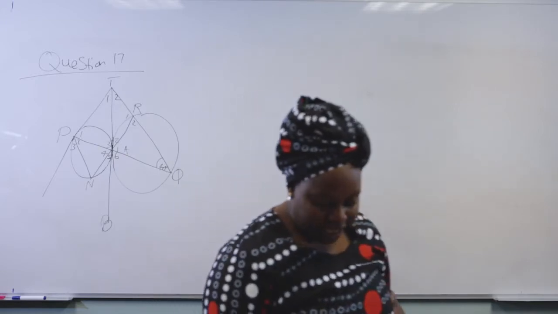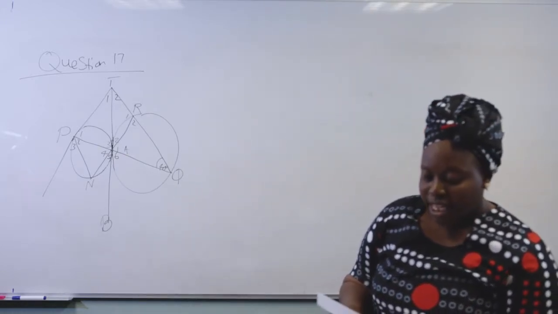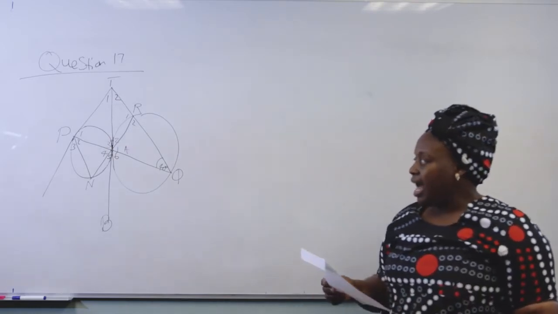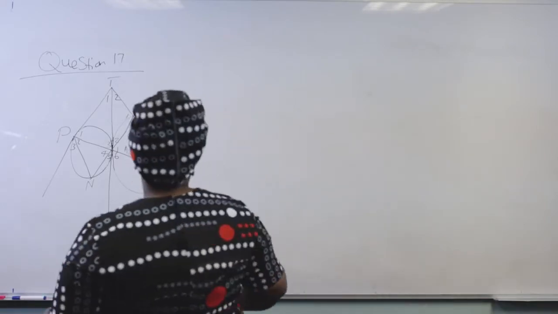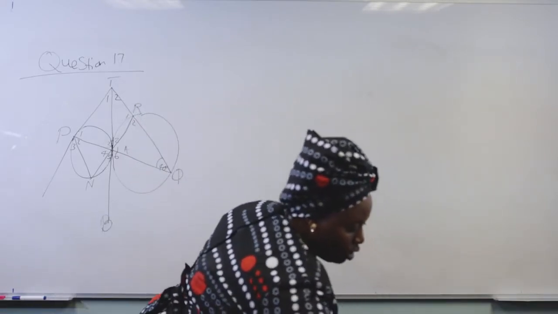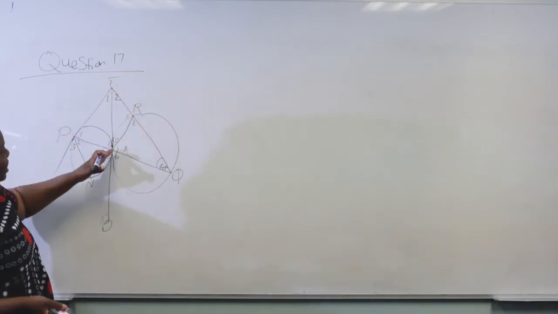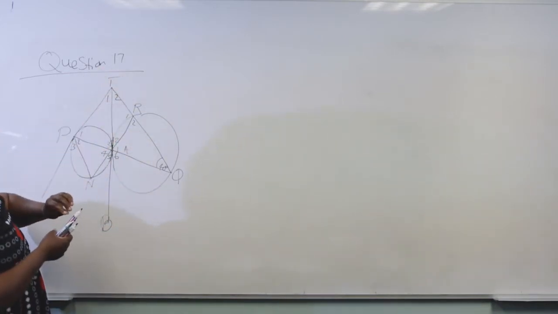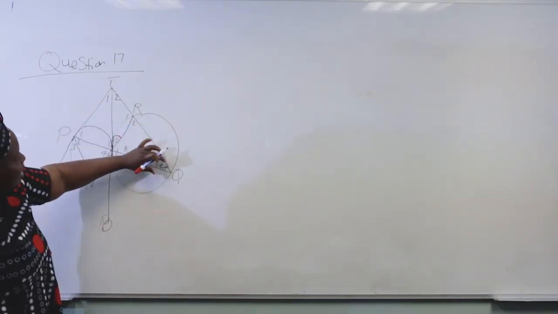Now, the first question says, determine with reasons 3 other angles that are equal to 40. So you have to pick up what you can find being equal to 40. Let's take our colors. We have this as 40. Remember, this is a tangent. And the angle between a chord and the tangent is equal to the angle subtended by it.